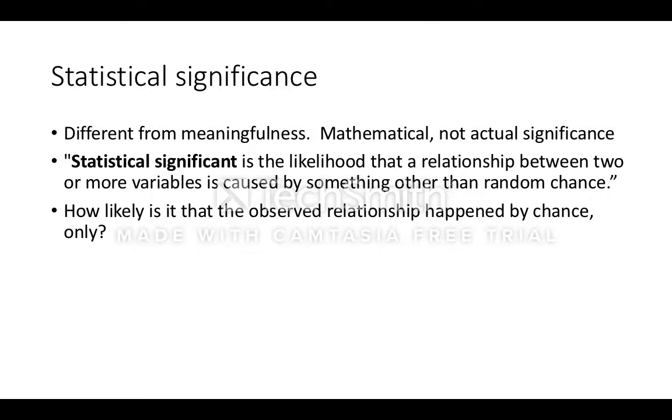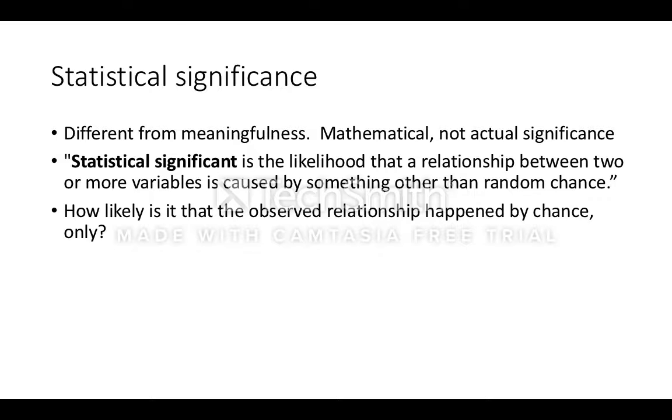So this is an acknowledgement of the fact that our world is uncertain, coincidences are fairly common. Many times things happen by random chance. And unless we have statistical significance, some researchers will assume that any relationship between two variables is due to chance alone.